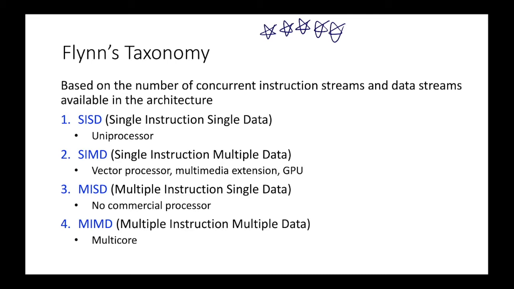The third type is MISD, the multiple instruction single data, and we don't have any commercial processor that targets the MISD. The last type, MIMD, multiple instruction, multiple data streams, we have multi-core processors. So multi-core processors use a MIMD model. Again, this is called Flynn's taxonomy, and it is based on the number of concurrent instruction streams and data streams.